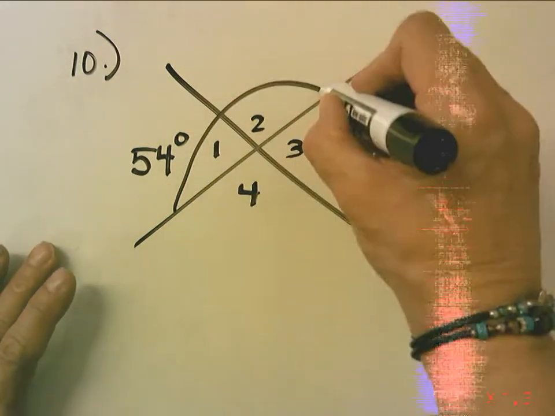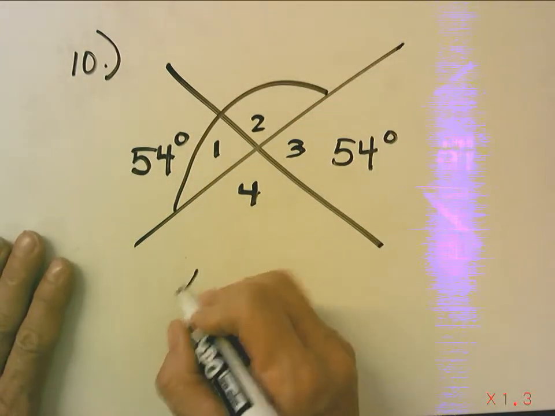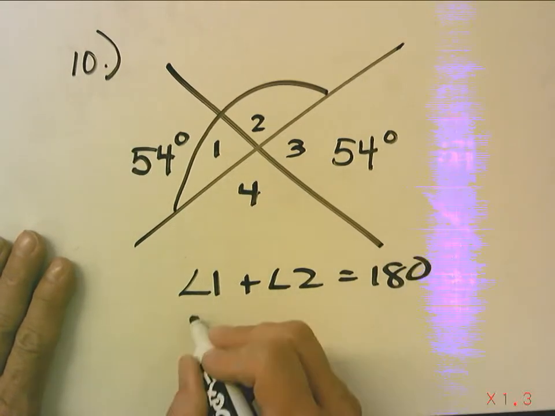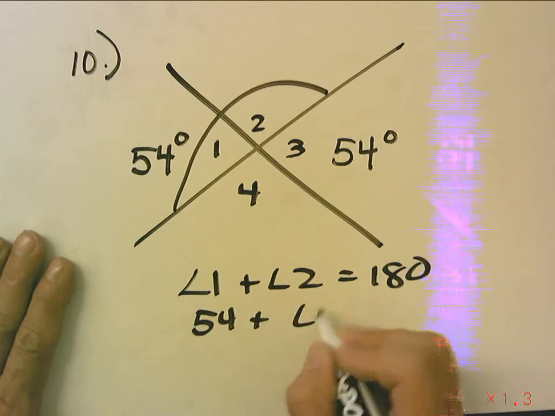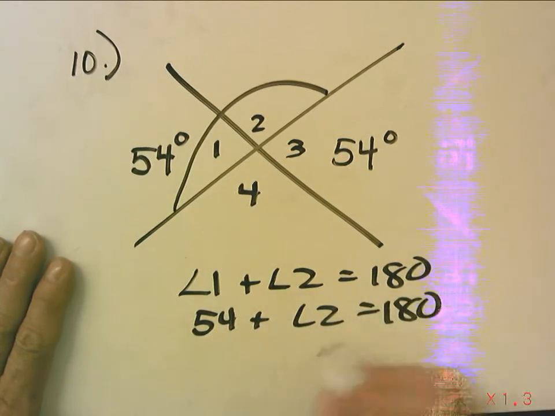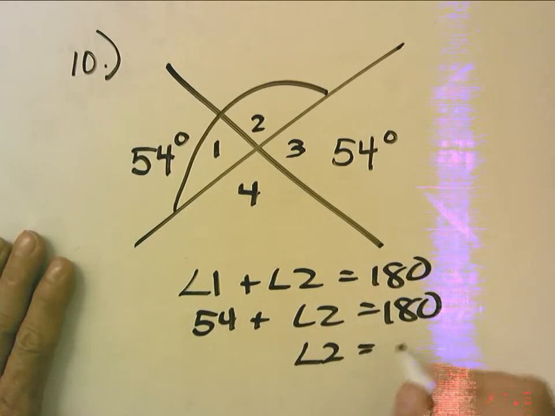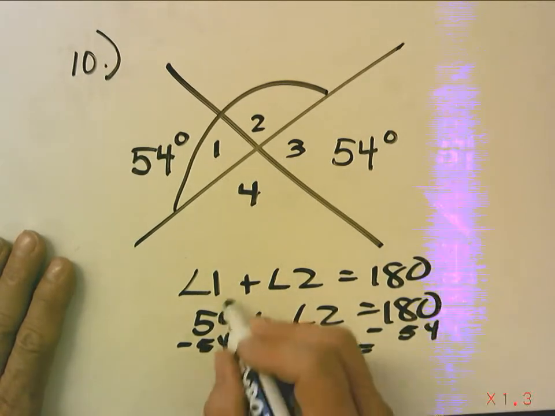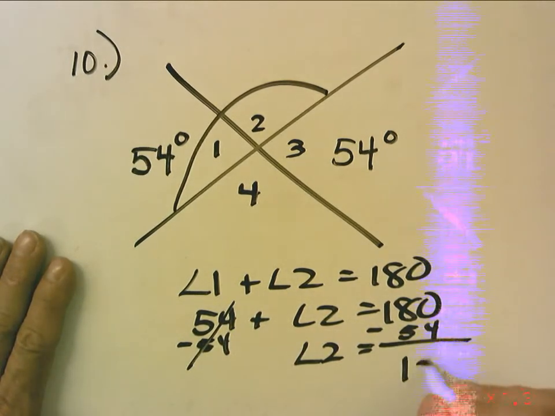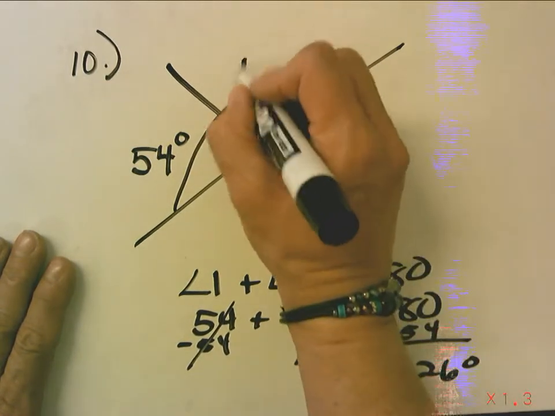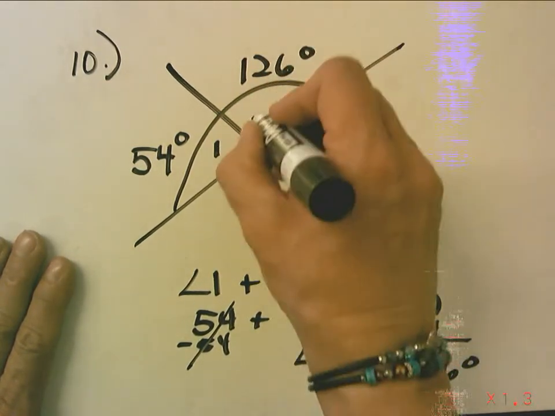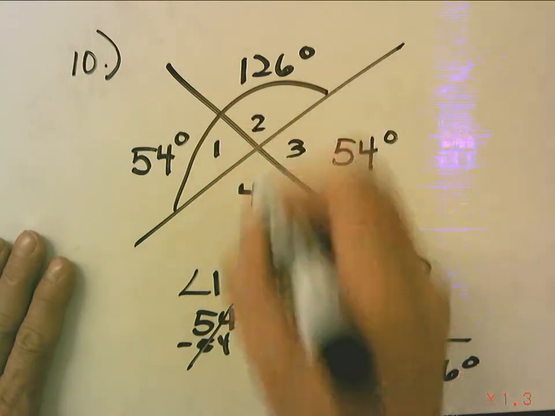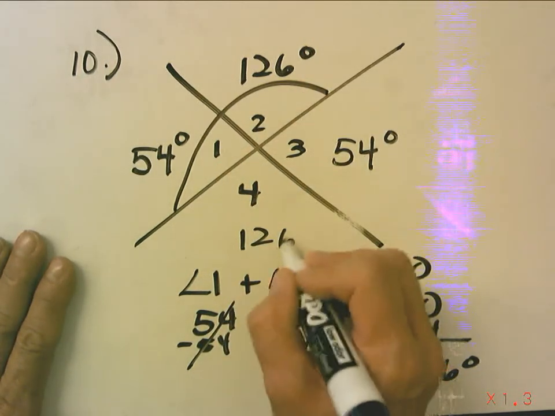Now I know angle 1 and angle 2 are supplementary. So if angle 1 plus angle 2 equals 180 and angle 1 is 54, that means angle 2 equals 180 minus 54, and we get 126. Angle 4 is vertical to angle 2, so it would be 126.